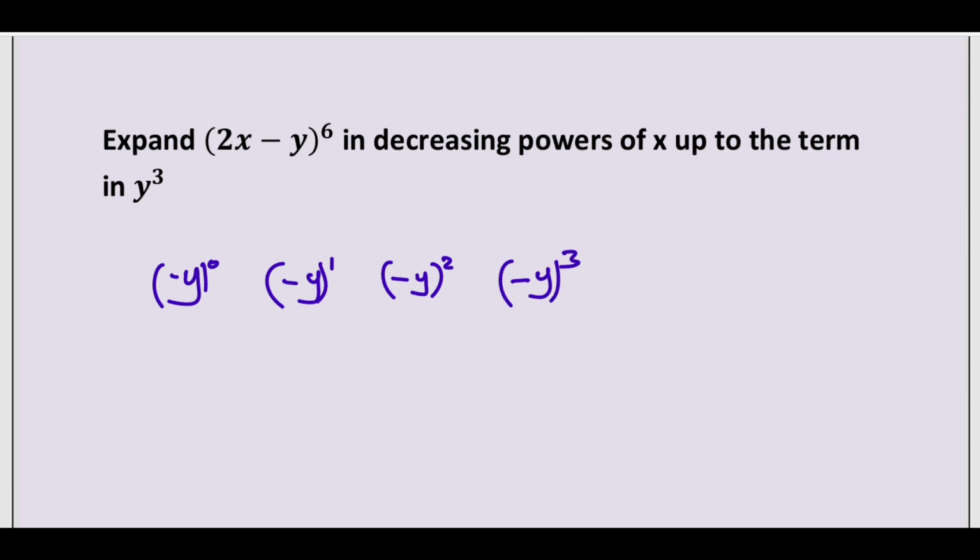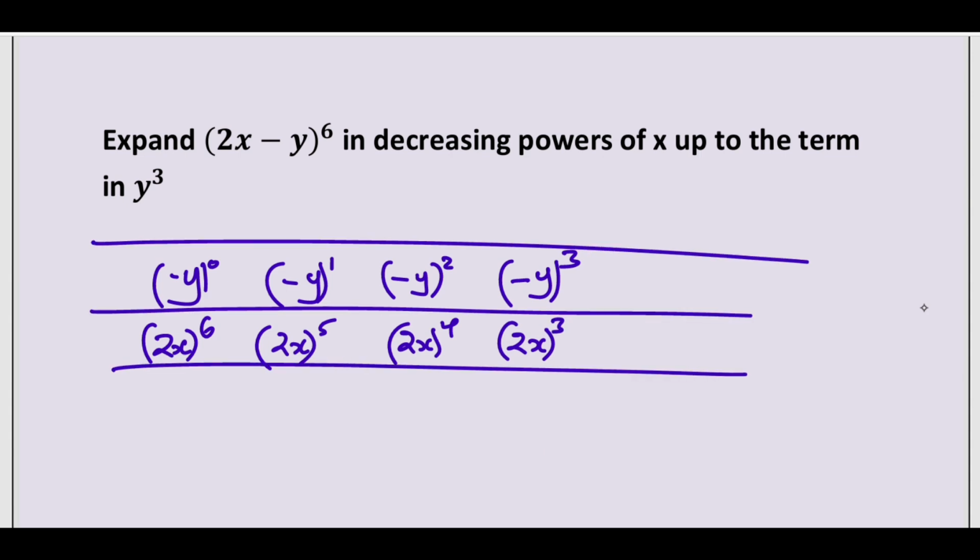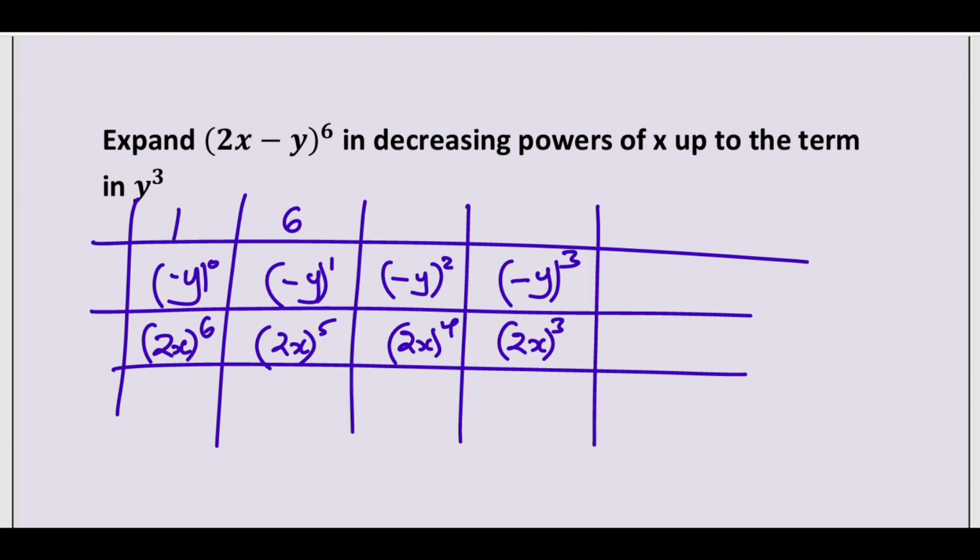We end there. Then for x, we start from 2x power 6, 2x power 5, 2x power 4, 2x power 3. And then we add the coefficients 1, 6, 15, 20.